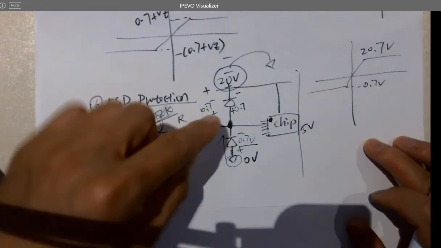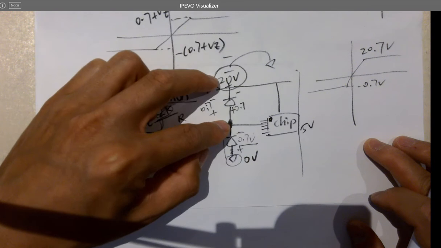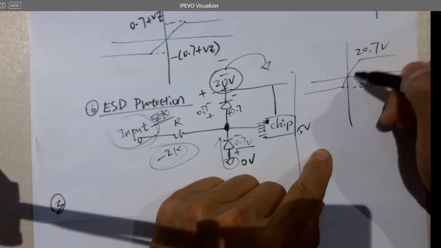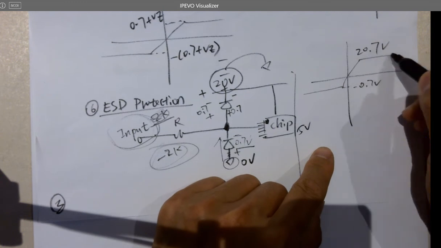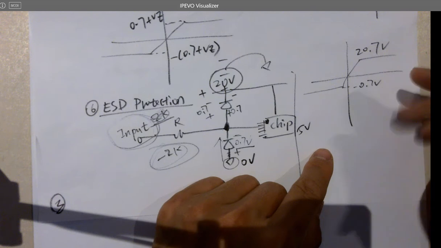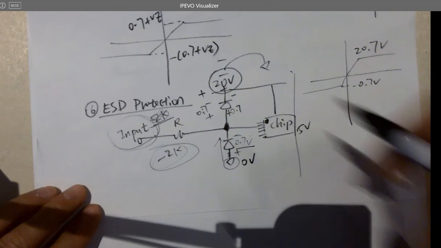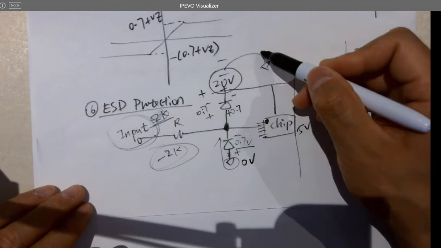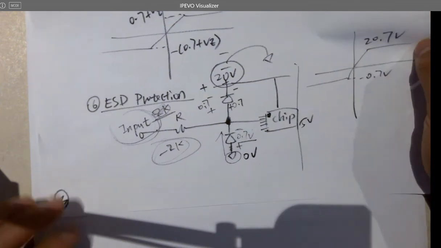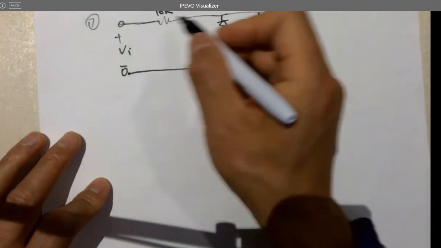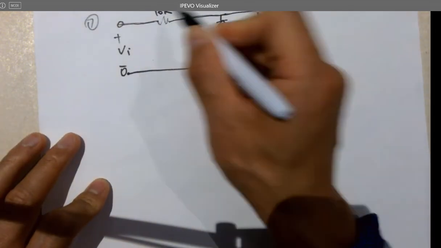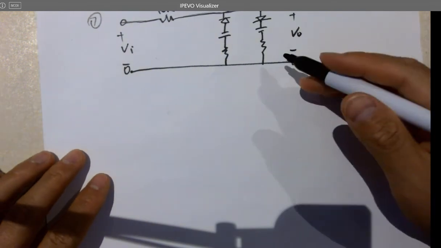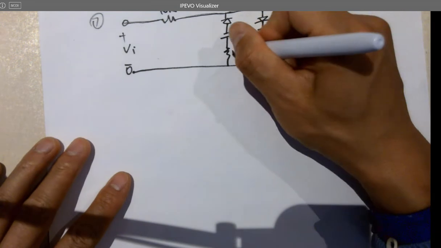The positive 20K is going to make this diode conductive because this is higher than 20.7 volts. It's going to discharge through here really quickly, and then stabilize at 20.7. Yeah, the power supply is grounded, right? So there's a path for the charges to flow. Actually, it goes to the ground. You know, the last example for diodes, then we're done for diodes.